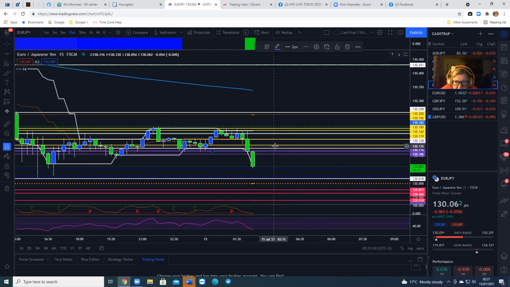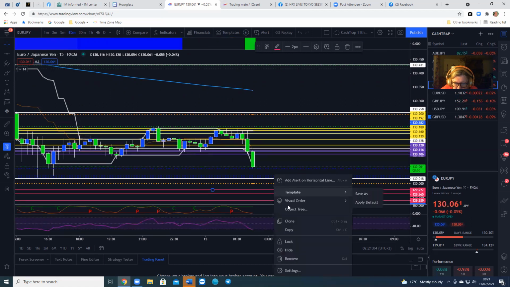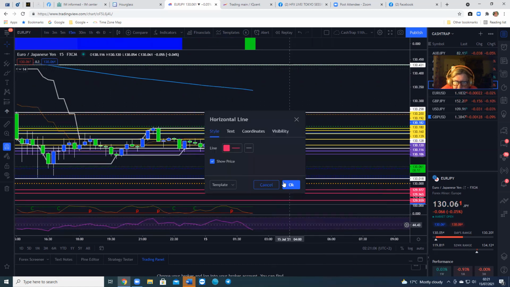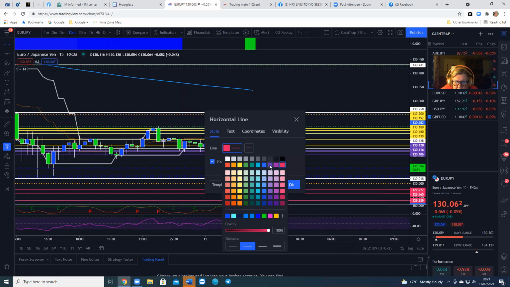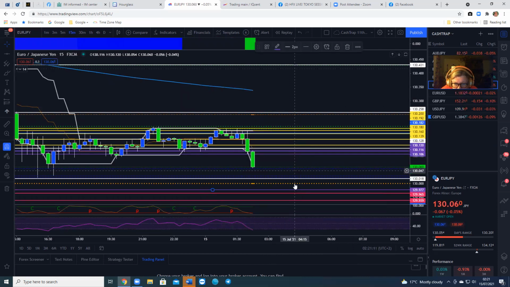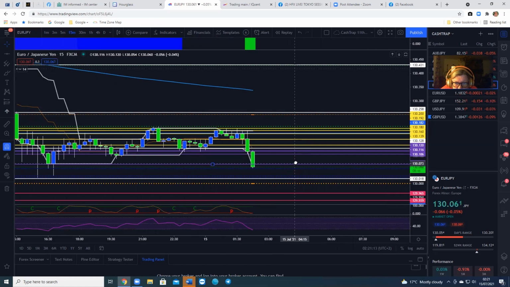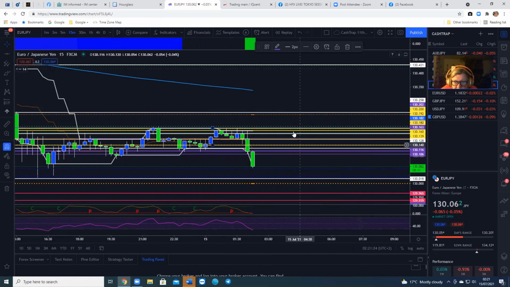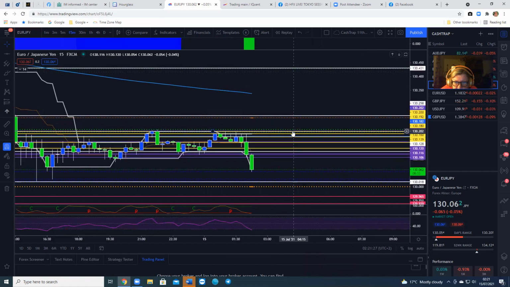And I need to do the previous one, so I'll just change that to purple and move that there. Oh, that's a nice strong area there.